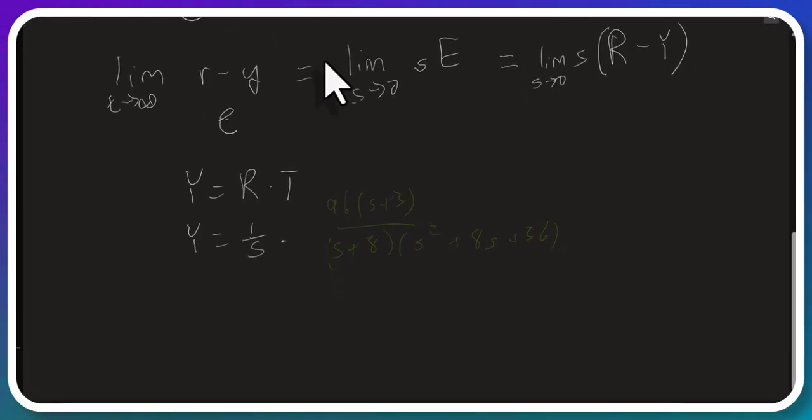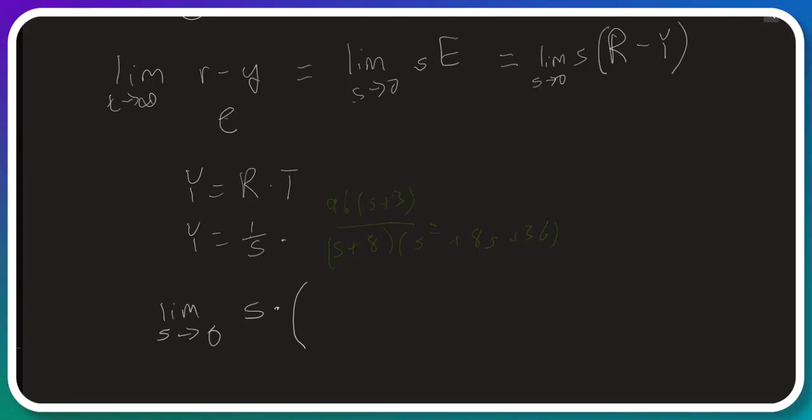So now I want the limit as s goes to 0 of r minus y. So the limit as s goes to 0 of s times r, which is the Laplace transform of the unit step, which is 1 over s, minus y, which we just said was 1 over s times (96 s plus 3) over (s plus 8)(s squared plus 8s plus 36).